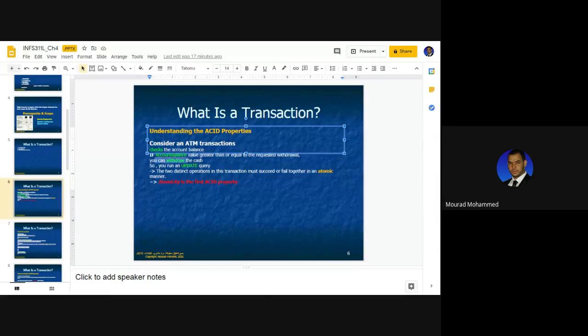Then the action of giving you the money, the withdrawal, and also an update would happen to your validated account. So: validating your account, checking whether the balance is available or not. You are asking, for example, for 50 riyal, and your balance has 40 riyal.